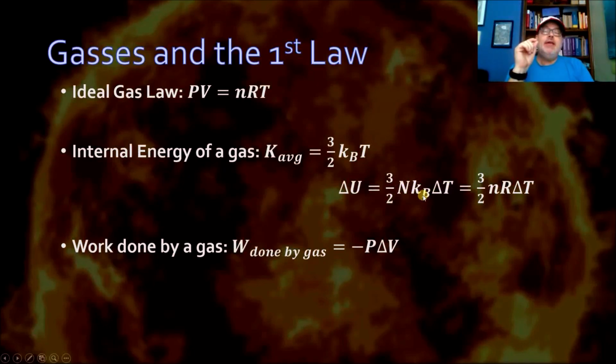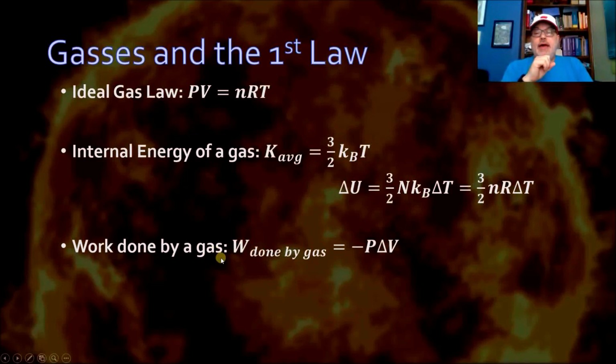N, the number of molecules, and Boltzmann's constant, if you multiply those together, are exactly the same as these terms over here, which is n, the number of moles, and R, the ideal gas constant. So this half of the ideal gas law times 3/2 will tell us the total internal energy of the gas.